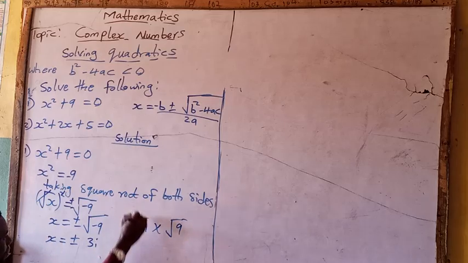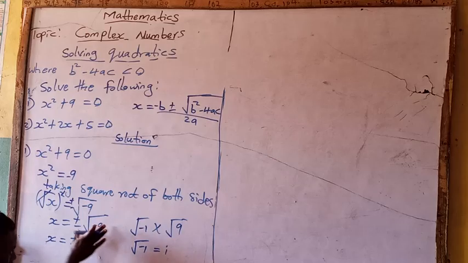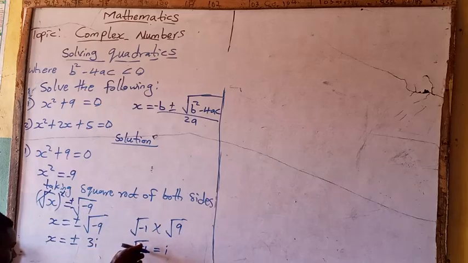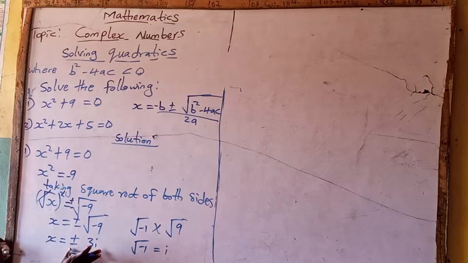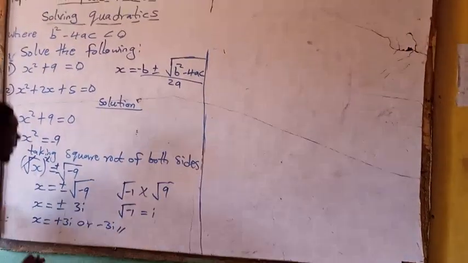Remember, this root minus 1 is the same thing as just i. You agree with me that this will give us this value. And x now will be plus 3i or minus 3i, which is our final answer.